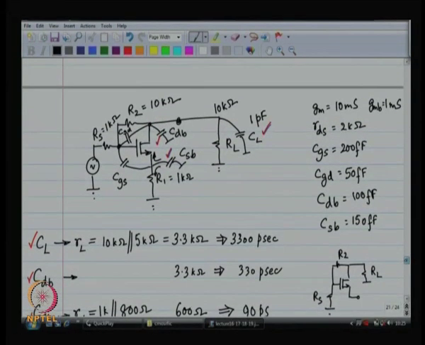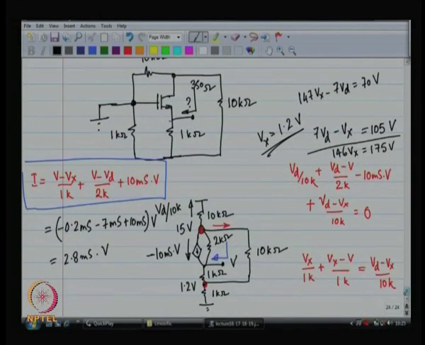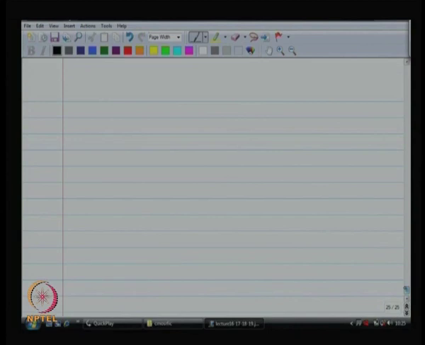And lastly, I am left with CGD, C gate to drain. Now, gate to drain is also going to be similar.